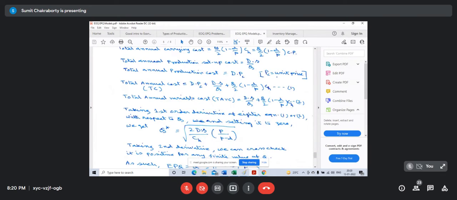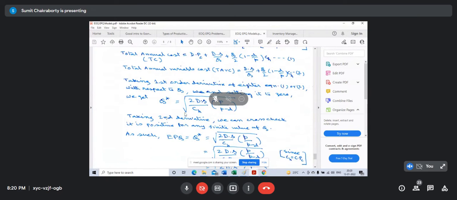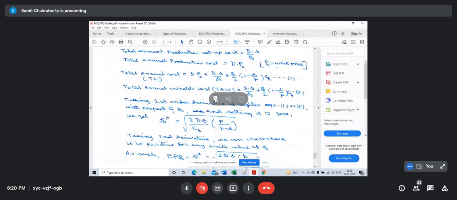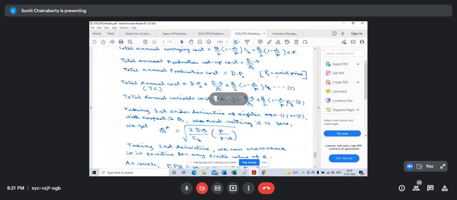Total annual variable cost: you just exclude DPC. Exclude this portion and you get TAVC. See, this is constant, right?